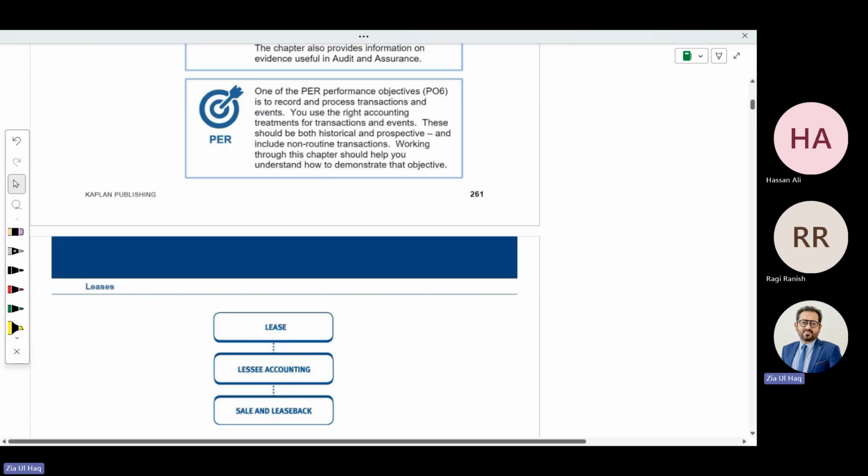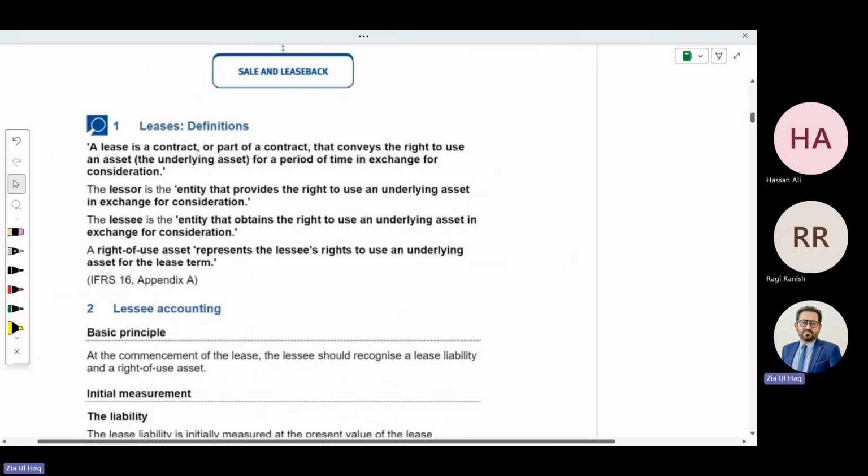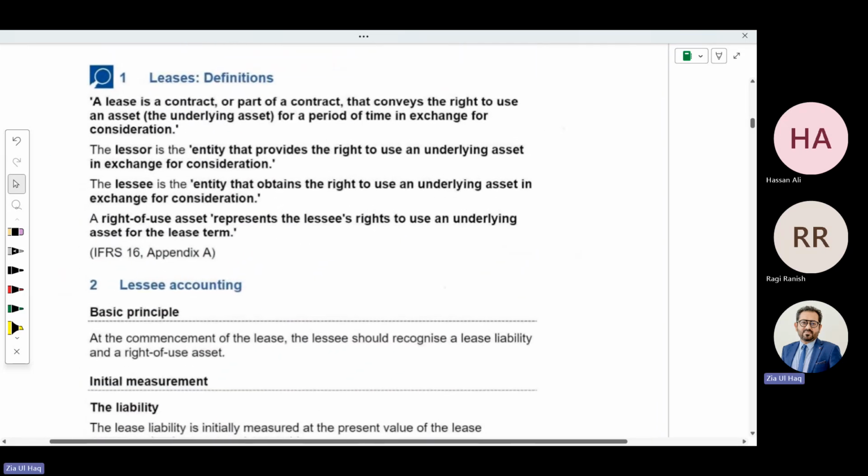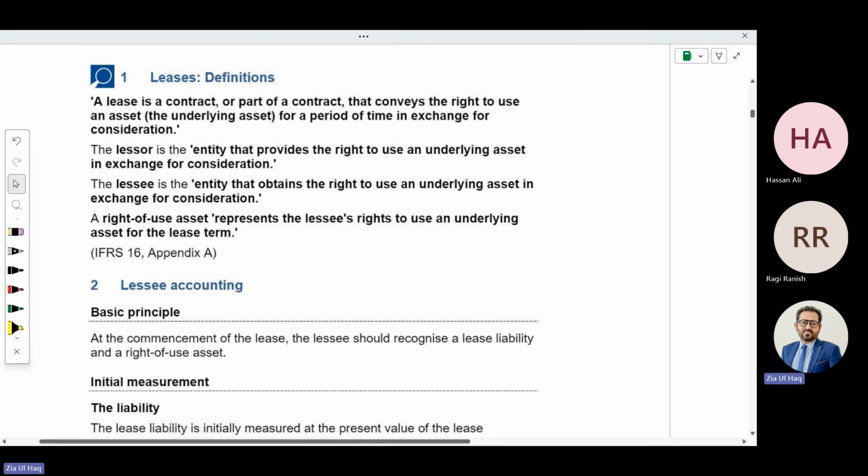Okay, let's read something. The first half an hour, the things might not be adjusted in your mind fully. So be patient. When we'll move towards questions, so by practicing more and more questions, the things will gonna clear easily. So what is lease?